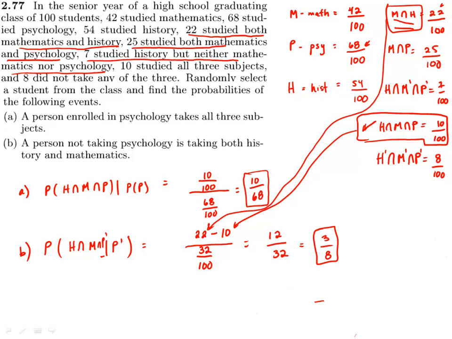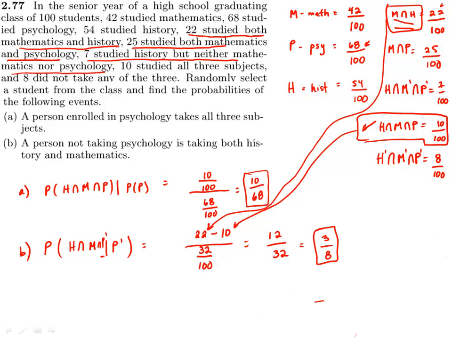And the intersection of math, history, and psychology will be this area. And I think from here we can see what's going on.